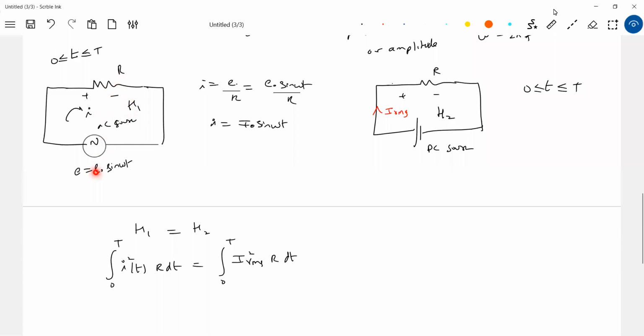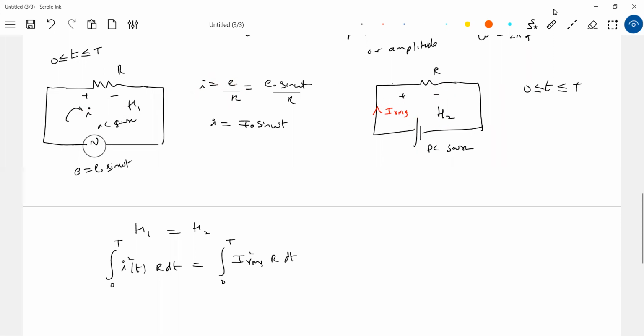Then I'll replace this source. I'll bring in the DC source and connect the same DC source across the same resistor. I'll switch on this DC source for the same interval of time. Then the heat generated, let it be H2. If I say these two heat generated are the same, then definitely I can say that this current which is flowing is equivalent to this current, because both effects are the same. Logical thinking, nothing big.